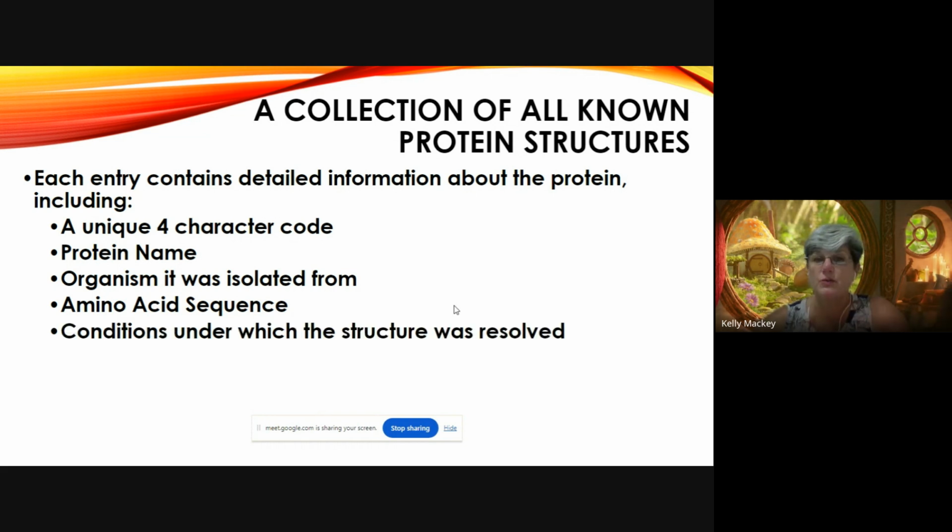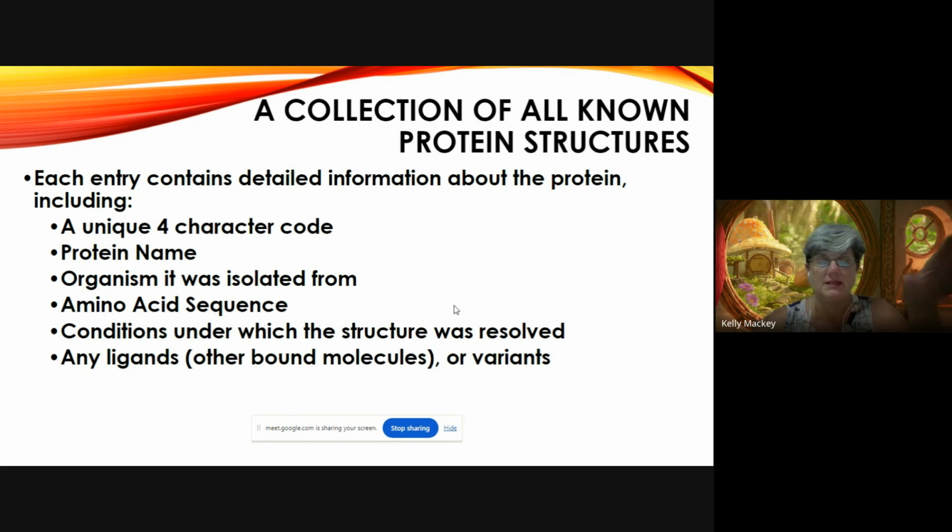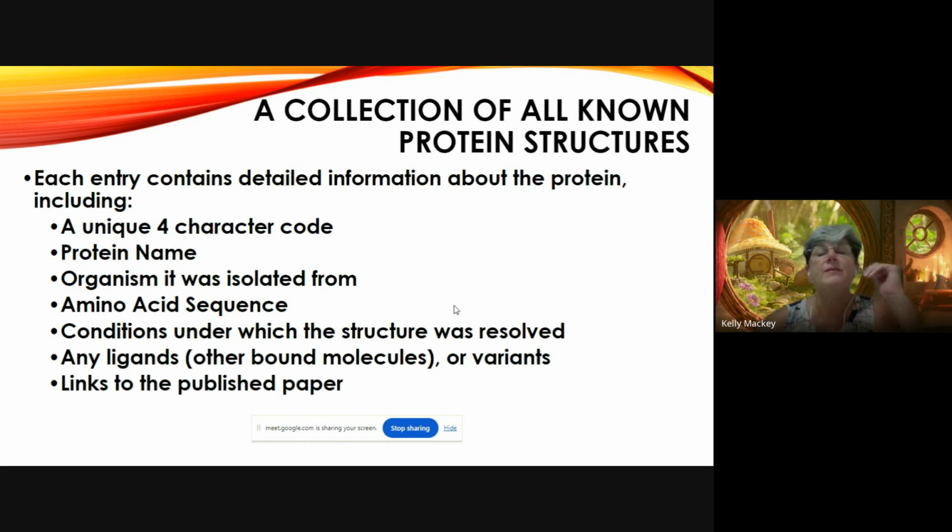The entry also includes the conditions under which the structure was resolved. So this is the plating and all the other metadata we talked about, any other ligands that might be there, or any variants associated with it. And if you're lucky, there are links to the published paper, because the elephant in the room for a long time is that the point of this is to publish. If you're going to publish your own paper, you need a thorough knowledge of the protein, not just the structure.